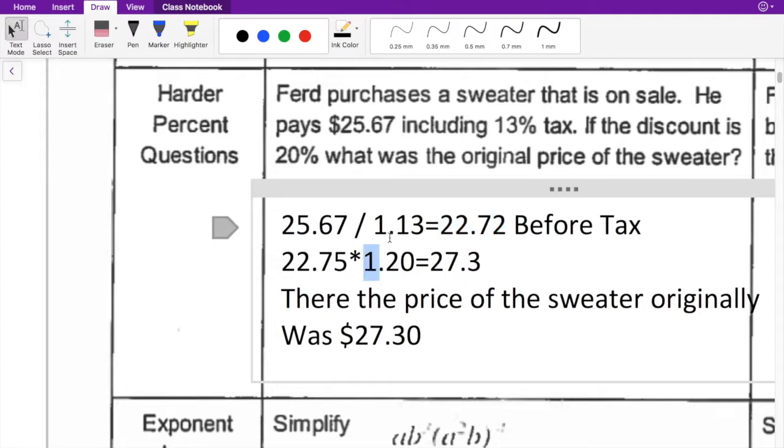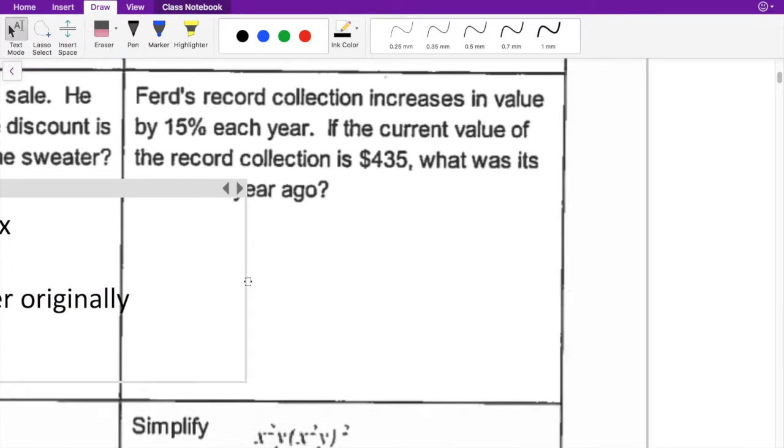That 1 in both of these questions just keeps the original price there and then either adds or takes it off. Because we could have done divide by 0.13, then subtracted that number off of the original total, but this just takes away that one step. So whoever's in charge of the video right now, if you can pause it, and with your partner attempt to do this question here.